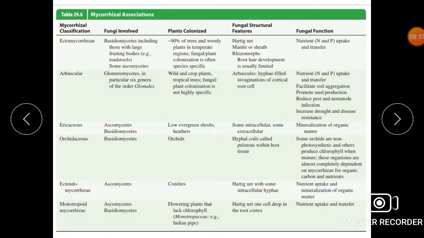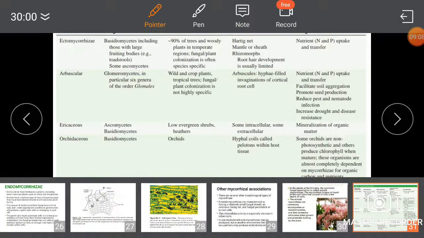The third one is ericaceous mycorrhizae. They are found in low green shrubs, and fungi involved are ascomycetes and basidiomycetes. The fungal structure features include some intracellular, some extracellular, and fungal function is mineralization of organic matter. And the fourth one is orchidaceous.